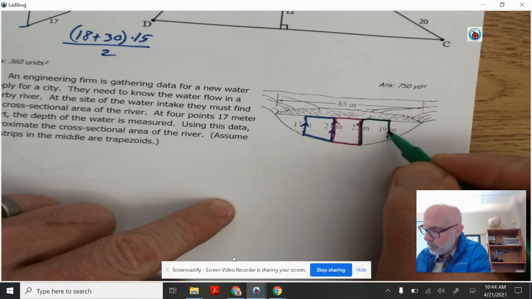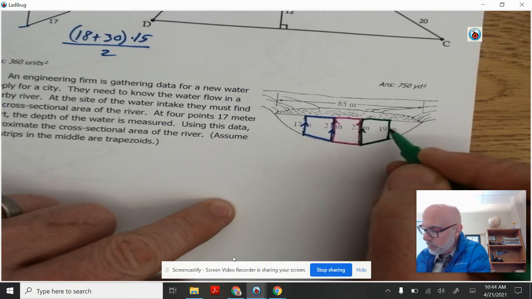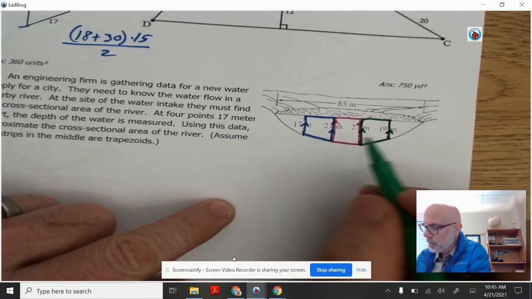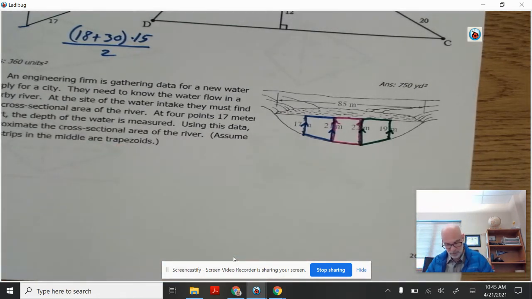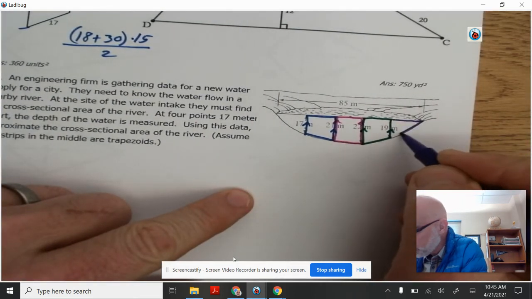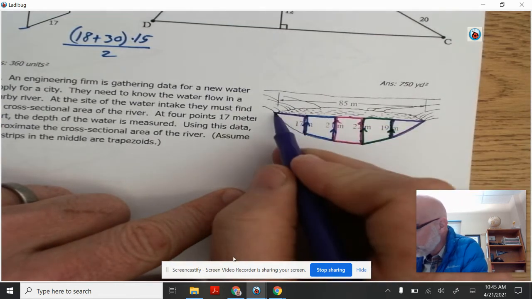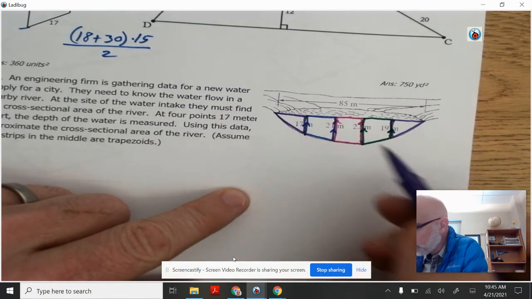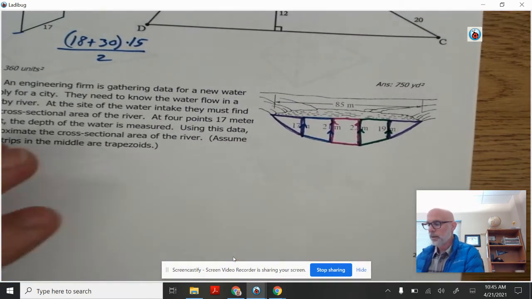What they're trying to do here is estimate the amount of water that flows through here on a daily basis. But they were having to divide this up into some shapes that they know. And of course, these end shapes right here, we could estimate as being triangles. So you can do this. You need to read this problem. There are kind of your hints, and figure that out. You can rough estimate that cross-sectional area there.